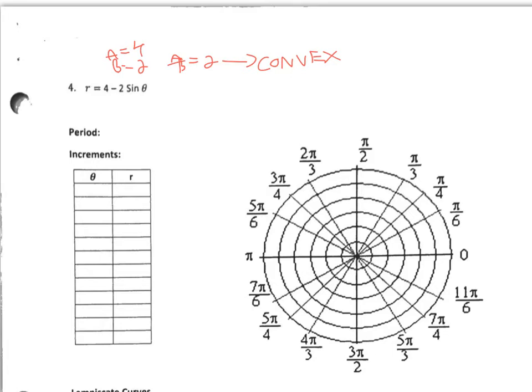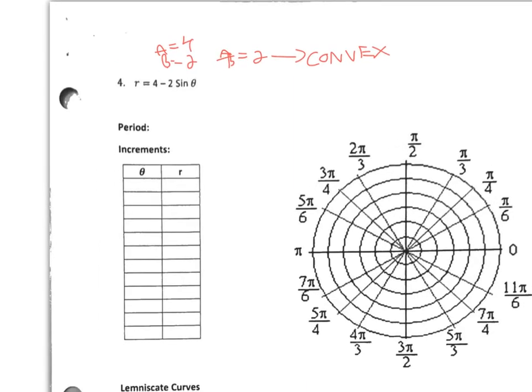I guess they use the terminology convex because the 3 other shapes we would say are concave. At a certain point, the inner loop or the heart or the dimple, it curves inside. Convex means there's no dimple to it, or it doesn't curve in or have an inner loop. So really, it almost just looks like an ellipse.